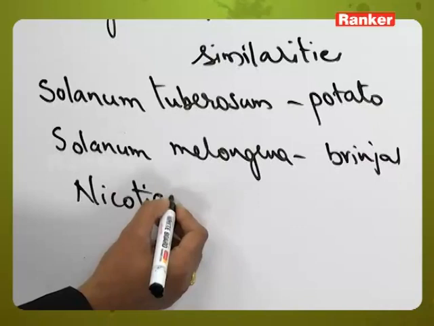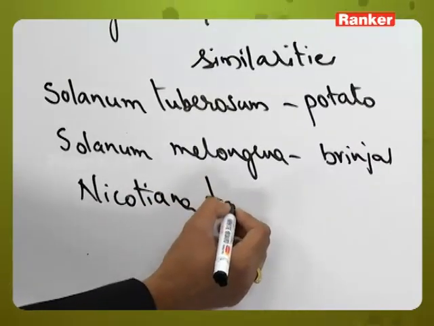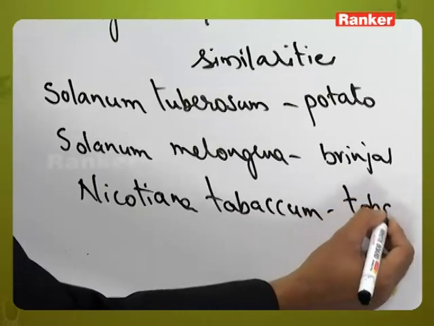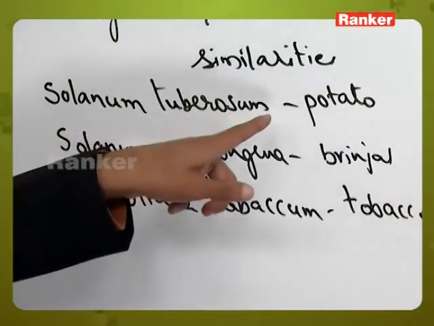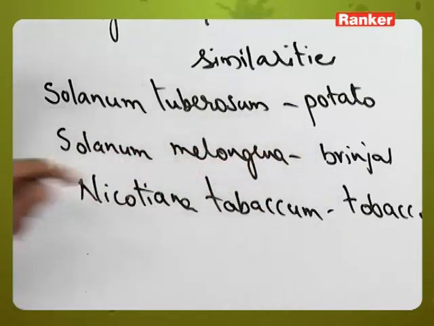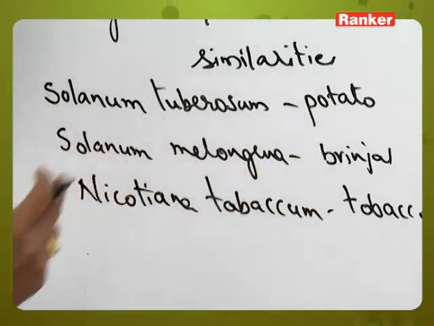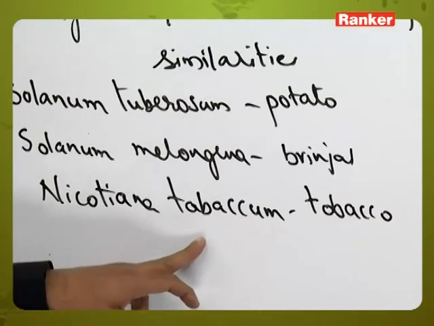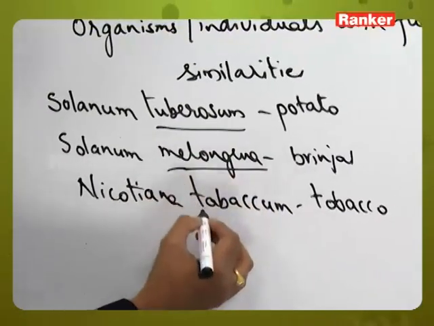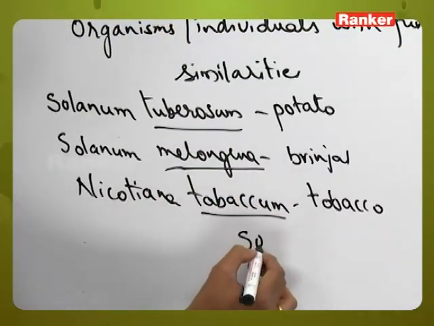Nicotiana tabacum, that is tobacco. All potato plants belong to Solanum tuberosum, and all brinjal plants belong to Solanum melongena. All tobacco plants belong to Nicotiana tabacum, and in these, tuberosum, melongena and tabacum are the species.